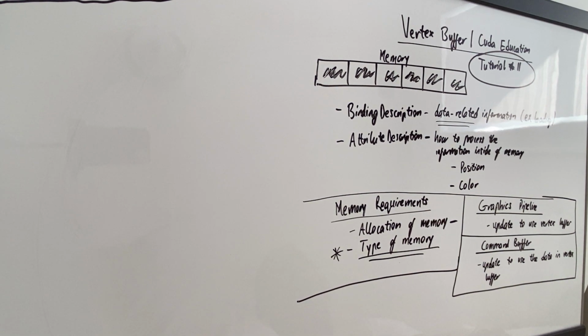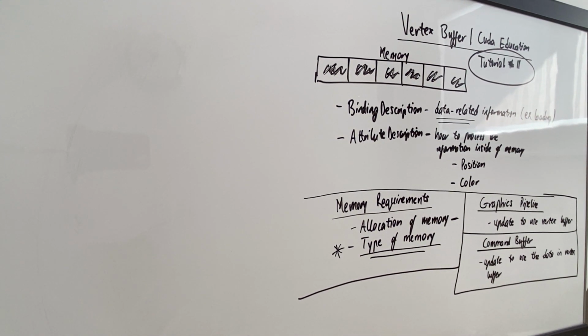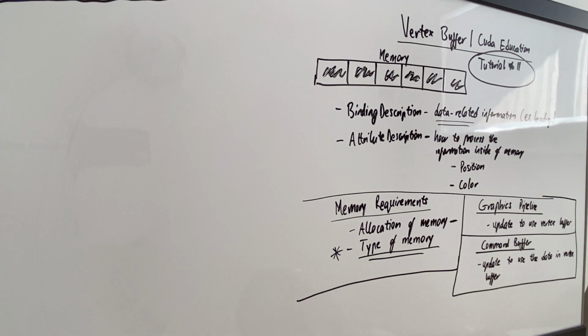Another note also is that for tutorial number 11, I actually had to upgrade to Visual Studio 2019 Community Edition. The previous tutorials, all the way up to tutorial number 10, have me running on Visual Studio 2017 Community Edition. I upgraded to 2019 Community Edition for reasons completely unrelated to the Vulkan API or these tutorials.